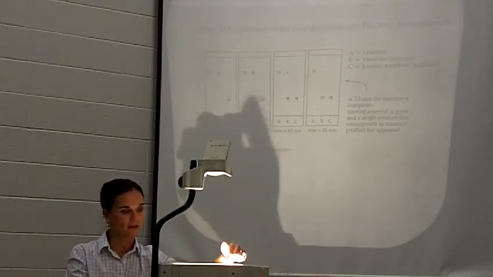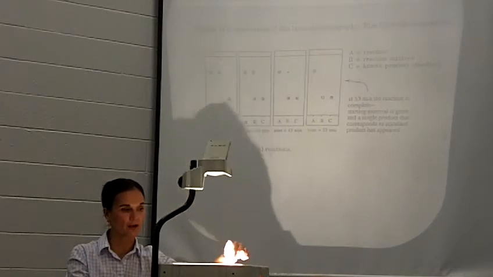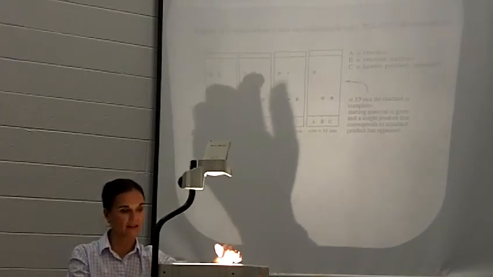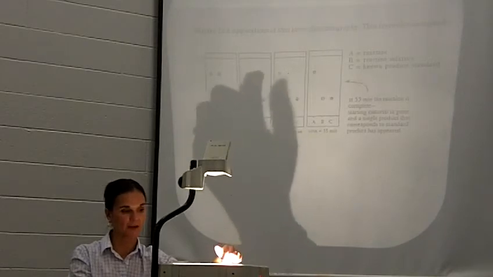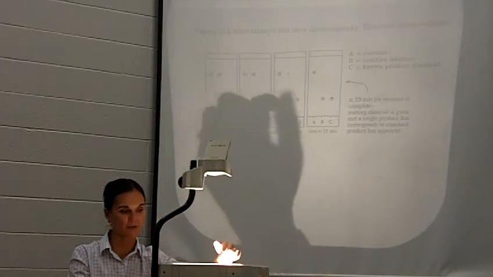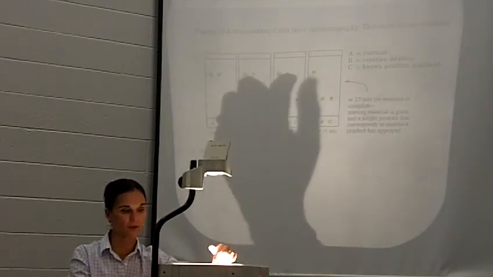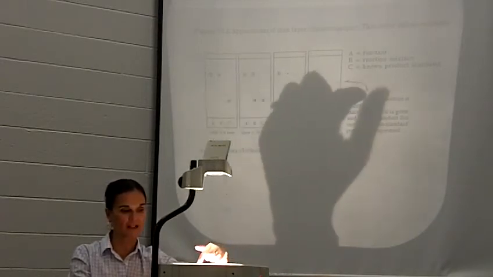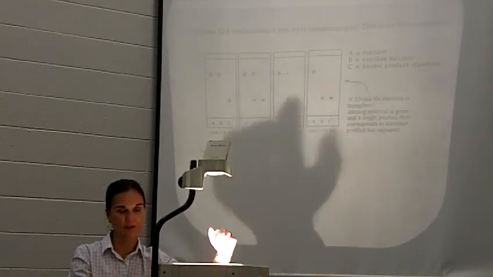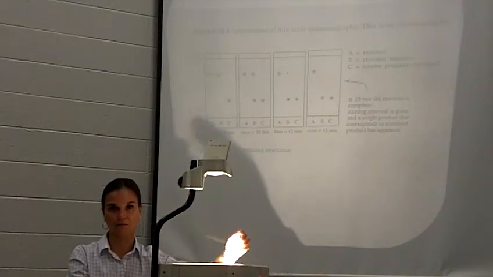Our middle lane here, our reaction mixture, we want to head towards this product standard and have less and less of the reactant present. So there may be a point where we have both product and reactant present, but we eventually want to get to the point where we don't really have any reactant present and we only have product, and then just the reactant standard, okay?